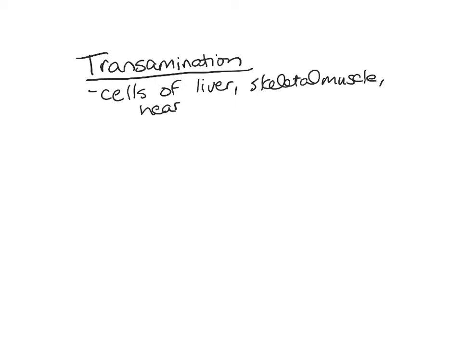Transamination is a process that the cells of the liver and skeletal muscle, cells of the heart, the lungs, the kidney, and the brain all use to convert amino acids to glucose.